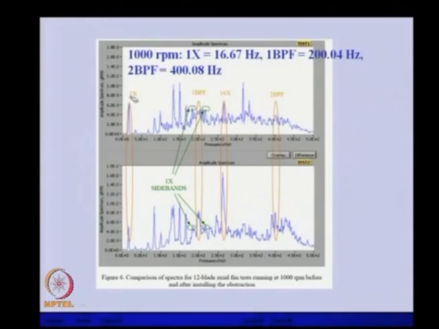So, we can see there is a 1x, one blade passing frequency is this one, and there are sidebands to that. This is a component of the 16x of the rotational speed. This is twice the blade passing frequency peak. So, this kind of spectra we can expect from such blades.